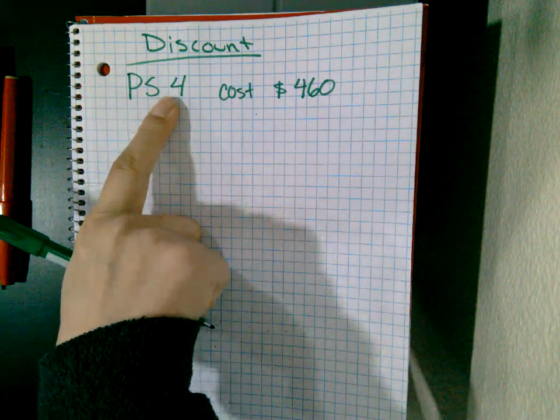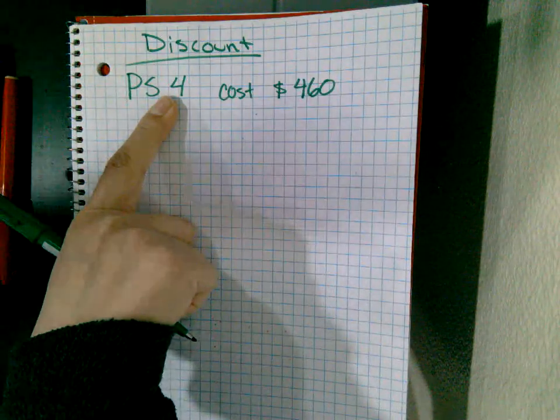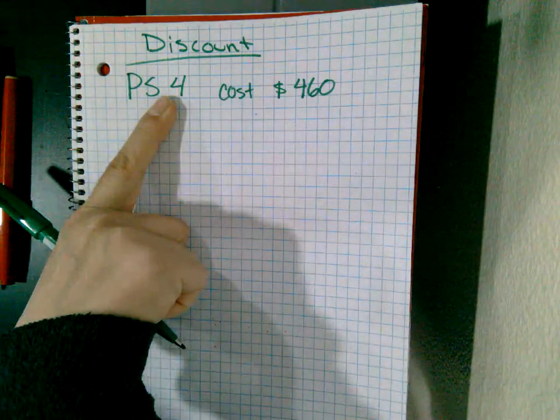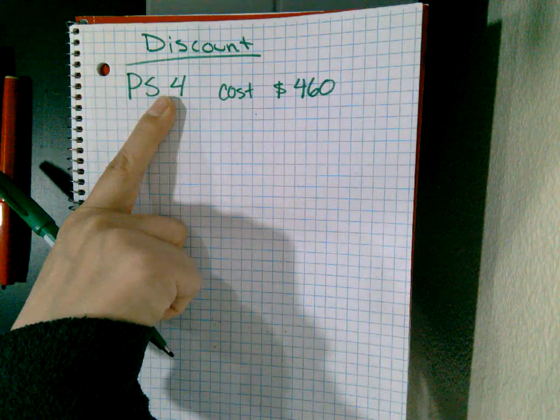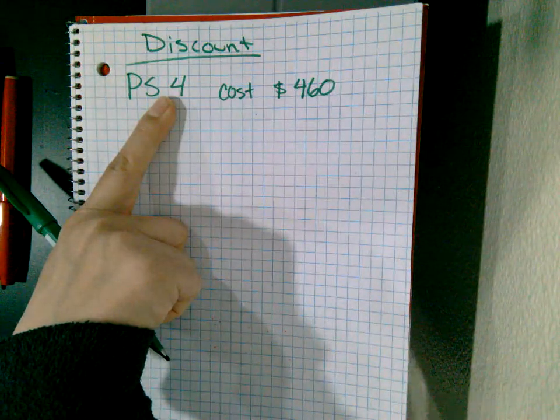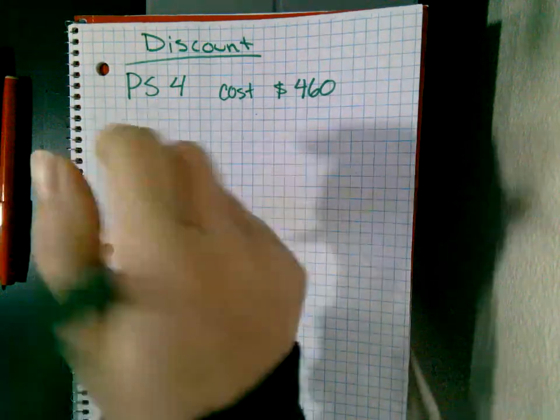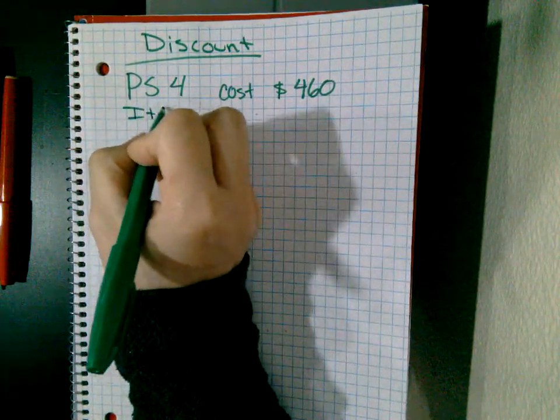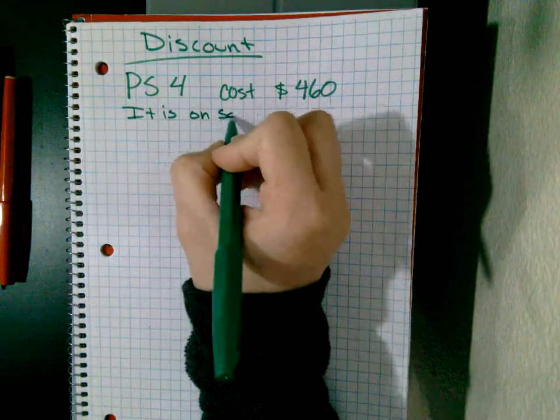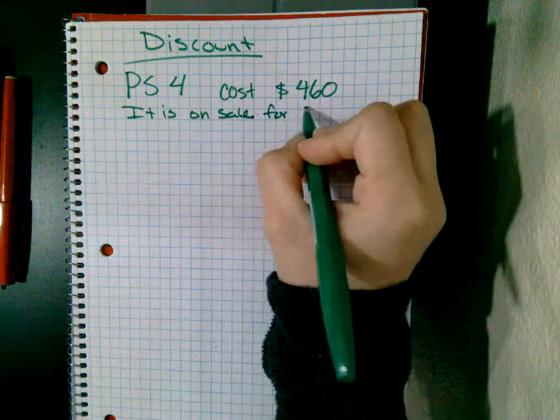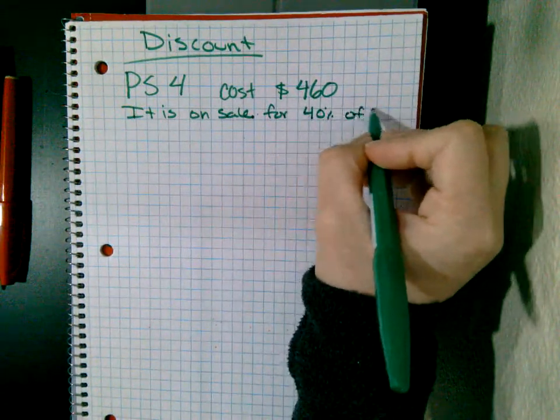They're going to have a discount on it because they actually want to sell them. Like the last couple that they have, they want to push them out. So the number one way to empty the shelves is to offer a discount. So it is on sale for 40% off.